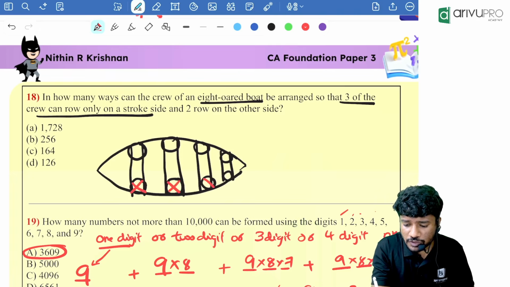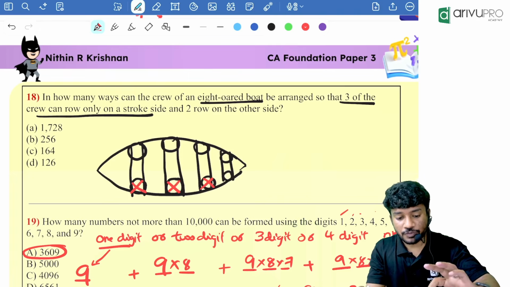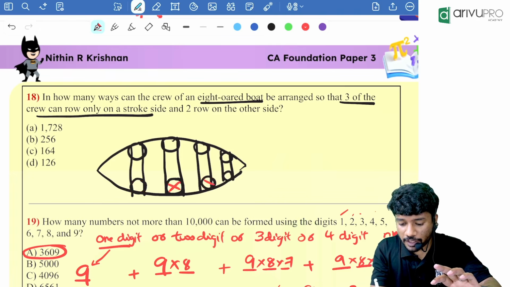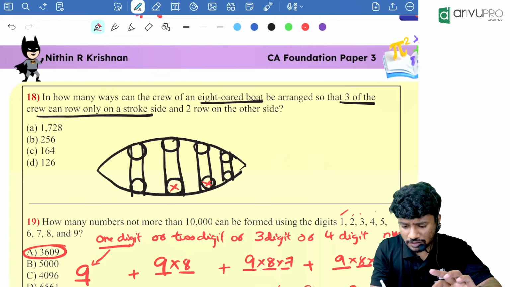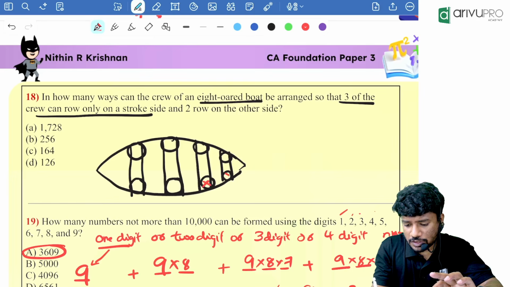3 of them are sitting on one stroke side. Either they will be arranged this way or they will be arranged which way? Can anyone tell me? One more possibility is that we take this, this and this.